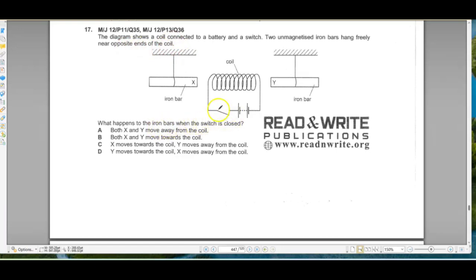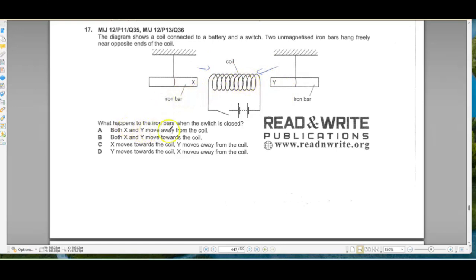When the switch is going to be closed, there is going to be a magnetic field because of the current in the coil, and both the bars, since they are neutral at this moment and they both are made up of magnetic materials, are going to be attracted to the coil.